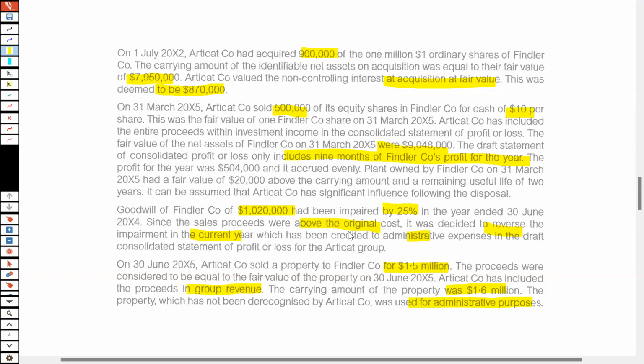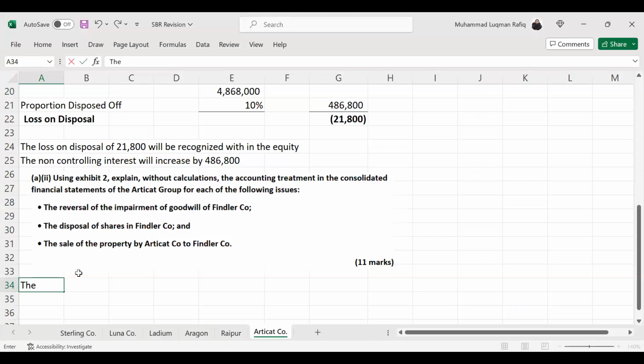First of all, internally generated goodwill is not allowed to be recognized.